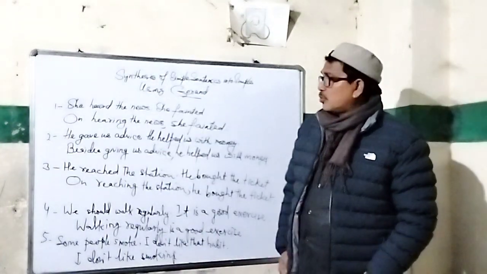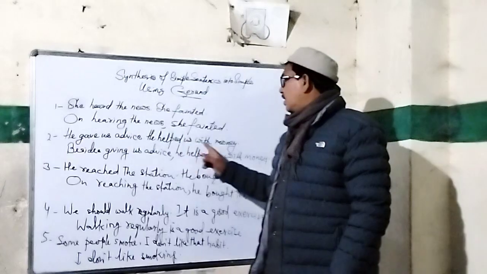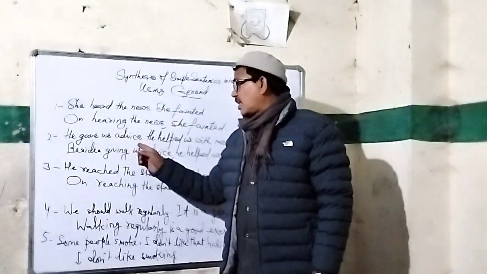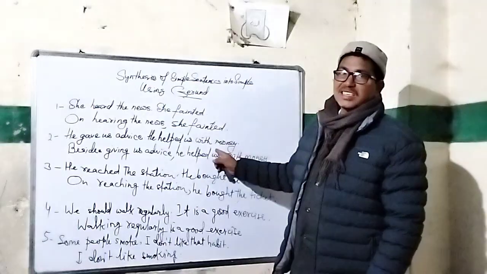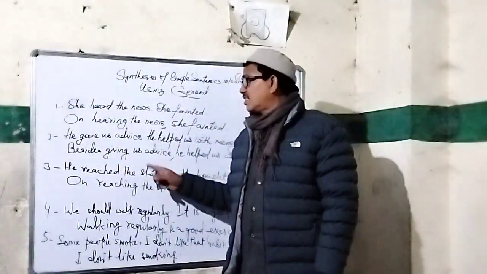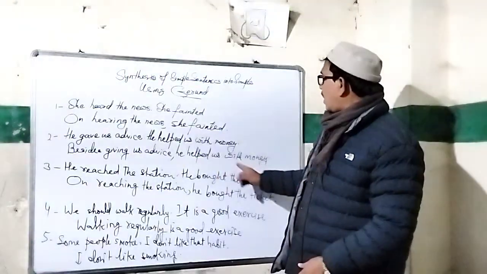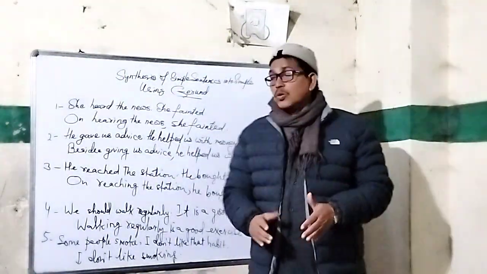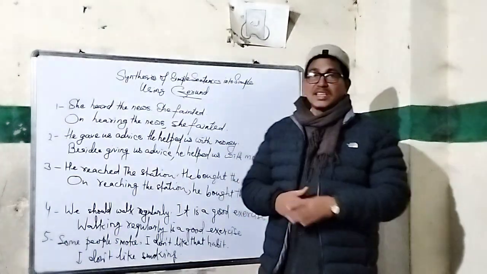In example 2, he gave us advice, he helped us with money. उन्होंने सलाह दी और उन्होंने पैसे से मदद की. We have combined these two sentences: Besides giving us advice, he helped us with money. यानी एडवाइस देने के अतिरिक्त उन्होंने मुझे पैसे से भी मदद की.